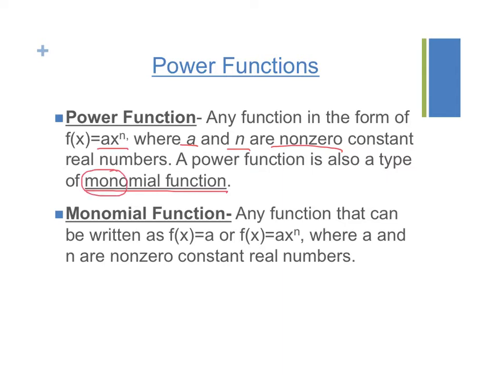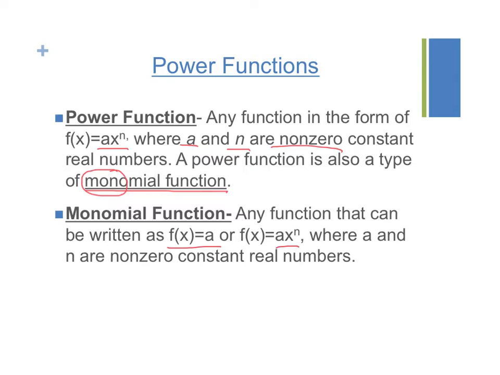A power function is also a type of what we call a monomial function. The prefix mono means 1. So a monomial function is any function that can be written as f(x) = a or f(x) = a times x to the nth power, where a and n are non-zero constant real numbers. So there are two different forms.